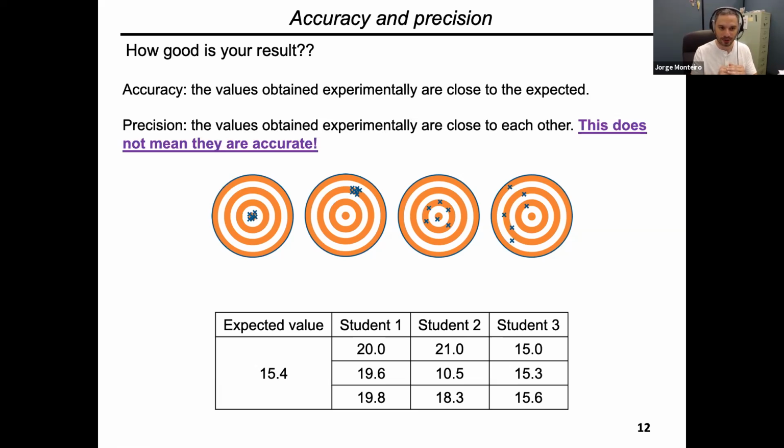Okay, so there is a huge difference between accuracy and precision. Accuracy, what you obtained experimentally, are close to the expected. Precision means that all the values are close to each other. This does not mean they are accurate.